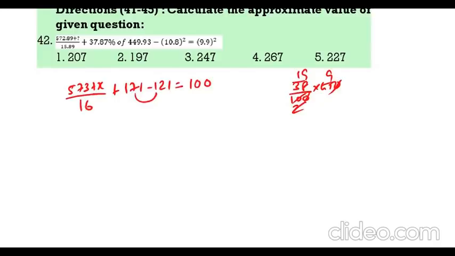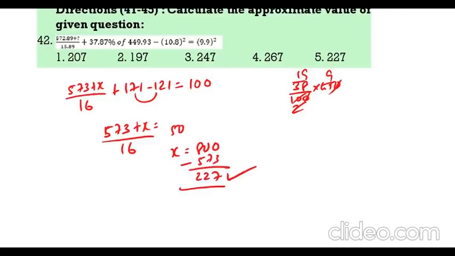If it goes to the other side, it becomes minus 50. 100 minus 50, 50. So 573 plus x by 16 is equal to 50. X value is 800 minus 573. That is 227. 227 means option 5.